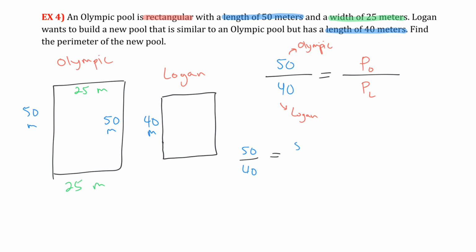So for this one, I will take 50 plus 50 plus 25 plus 25. Because I'm adding up all the sides in order to find that perimeter. And this is going to get divided by the perimeter of Logan's pool.